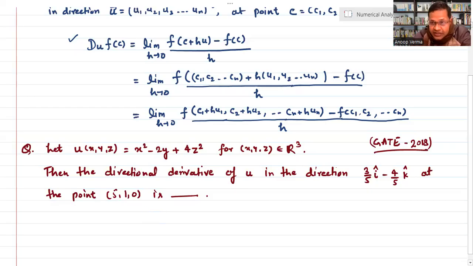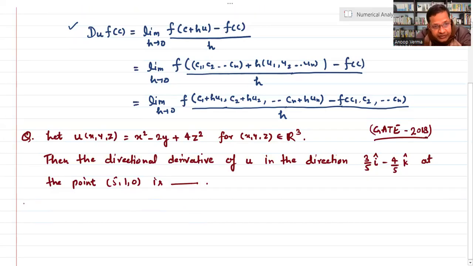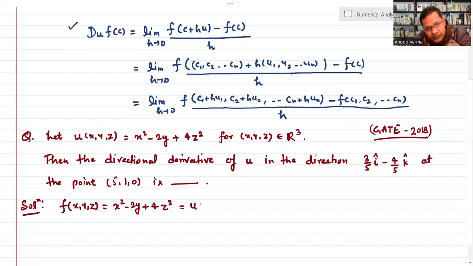So let's start the solution. Here the function f(x, y, z) is given. If you are not comfortable with that, you can write it this way: f(x, y, z) is x squared minus 2y plus 4z squared.